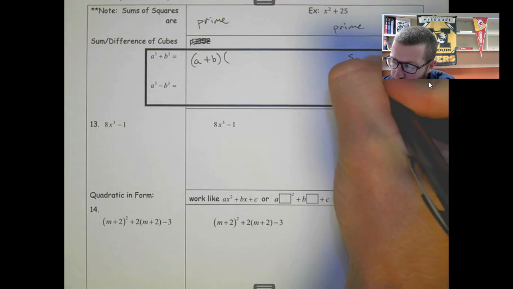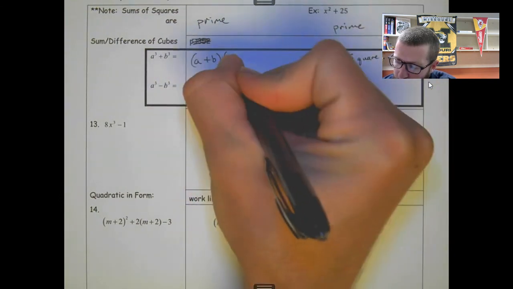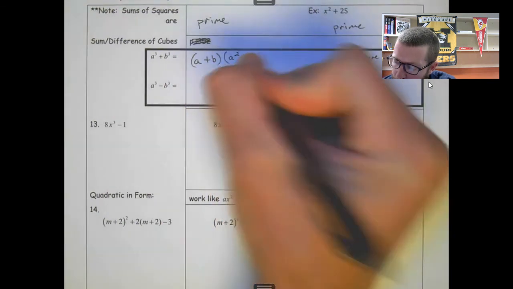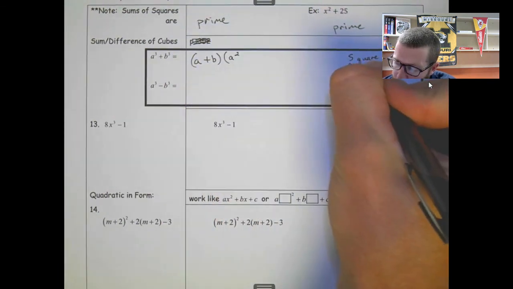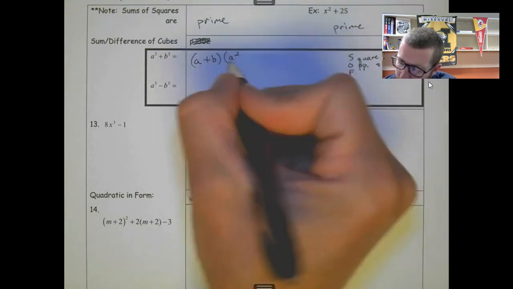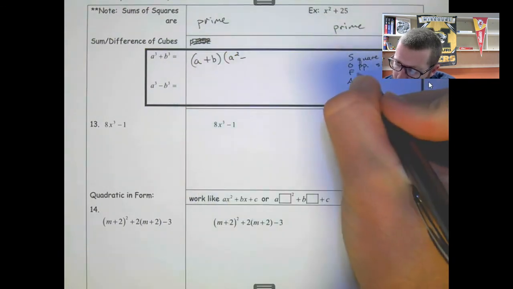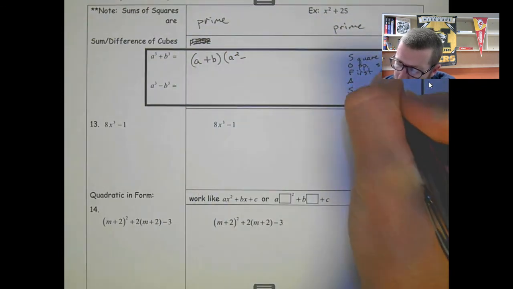So the S is square the first term. So that's a squared. And then O is opposite sign. This was positive, so that's negative. F is first times second.